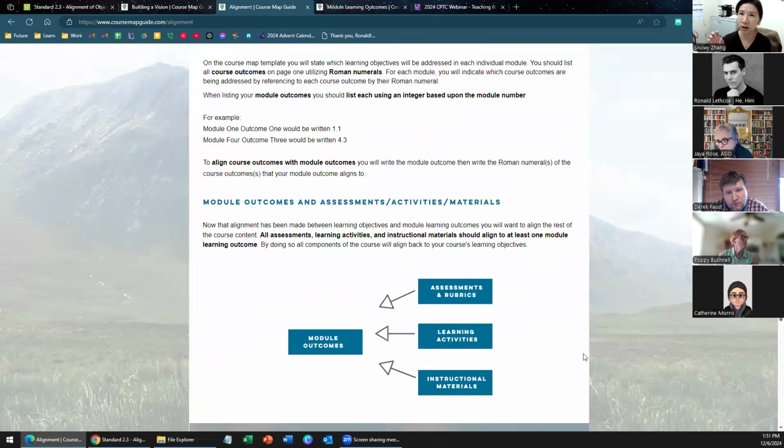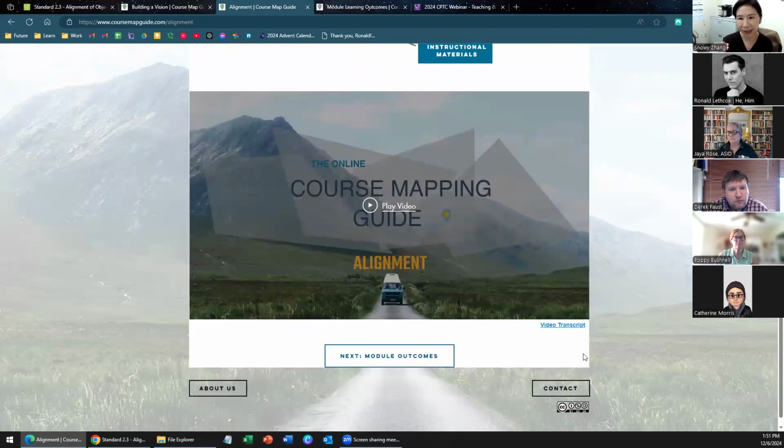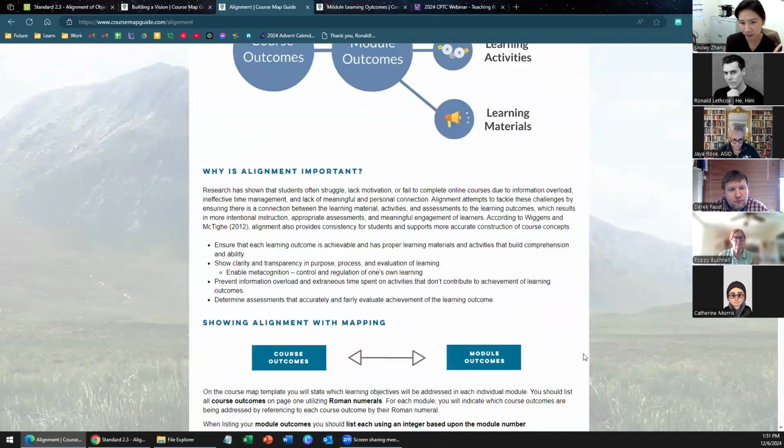Sometimes our course learning outcome is talking about a process, and in this process we have two or three skills grouped together. Then we can chunk the content by those skills. So this one is from the practical perspective.